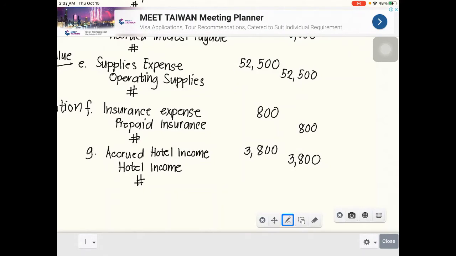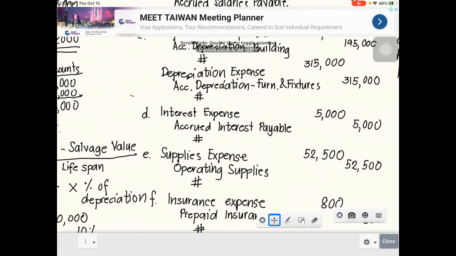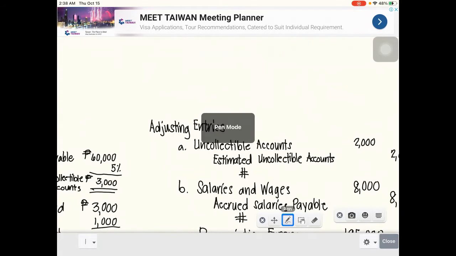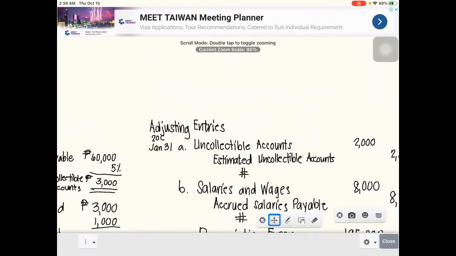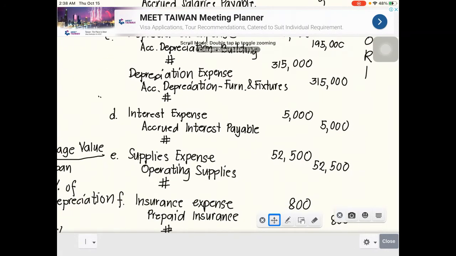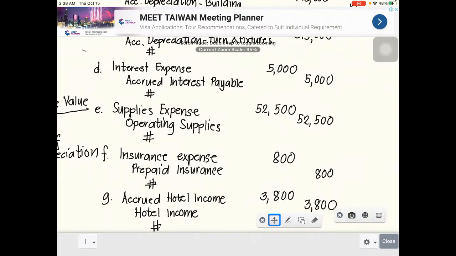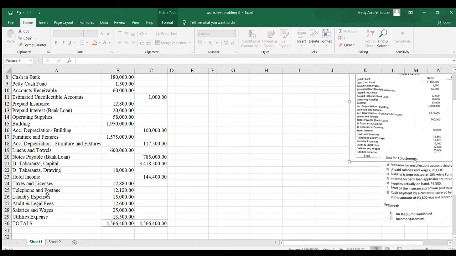So what is the date for this one? What is given in the problem? January 31, 20C. So another fiscal period. So let's write it here. 20C, January 31. So that is all for our adjusting entries. So first one is uncollectible accounts.